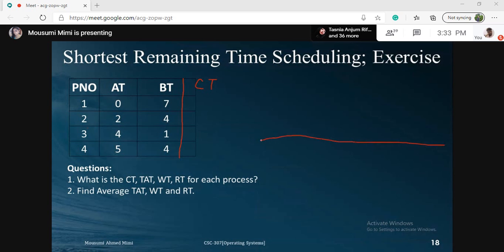At first, create the Gantt chart for your processes. Look, at 0 second arrival, the first process already comes. So at first I place 0 to 1. My first process has come, that is my process 1.